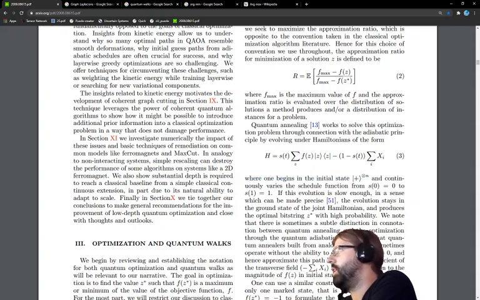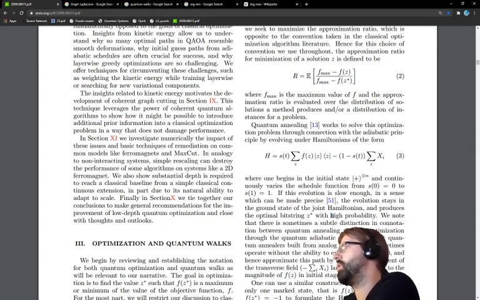I mean, I understand the annealing, the adiabatic principle conceptually. So you start with the initial state that's just the plus state, and continuously vary the schedule function from S0 to S1. If this evolution is slow enough in a sense which can be made precise, the evolution stays in the ground state of the joint Hamiltonian and produces the optimal bit string Z star with high probability.